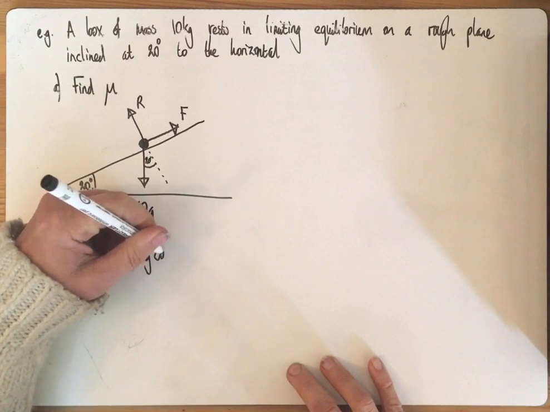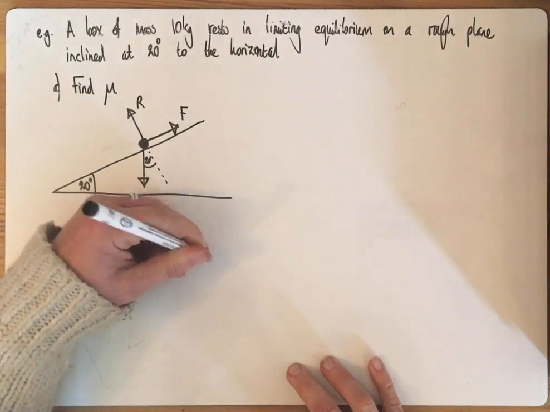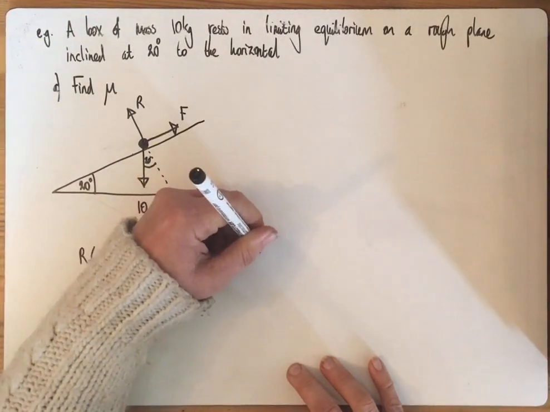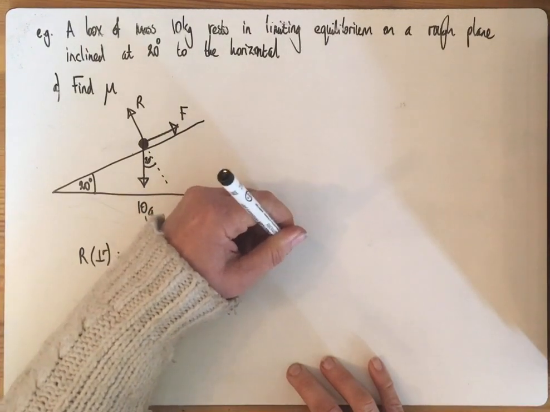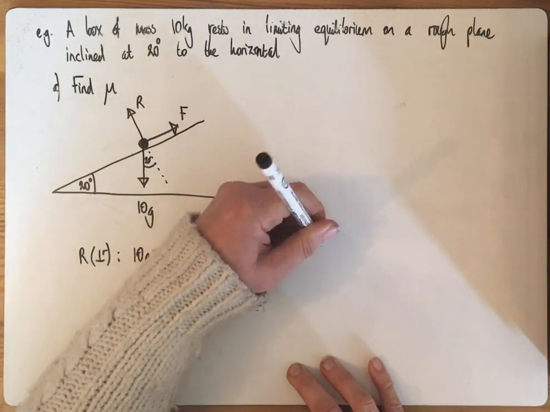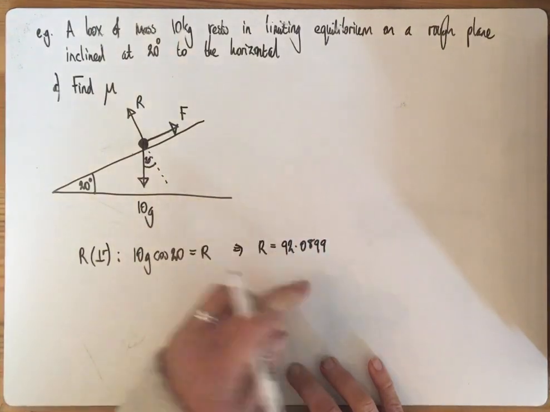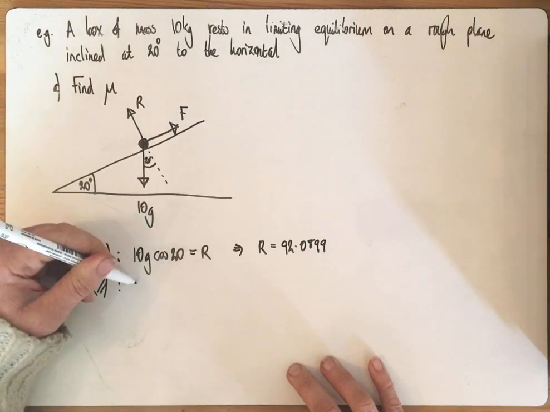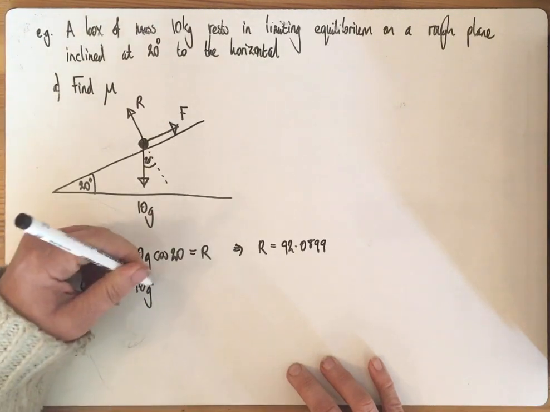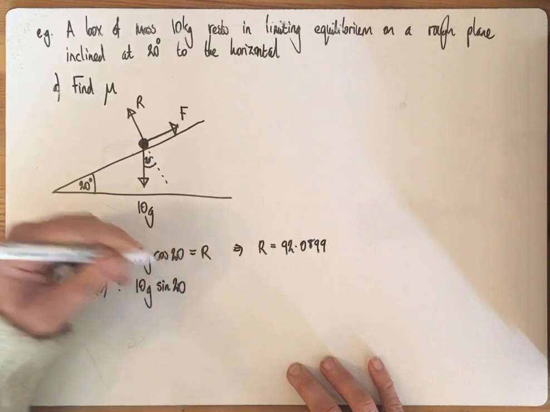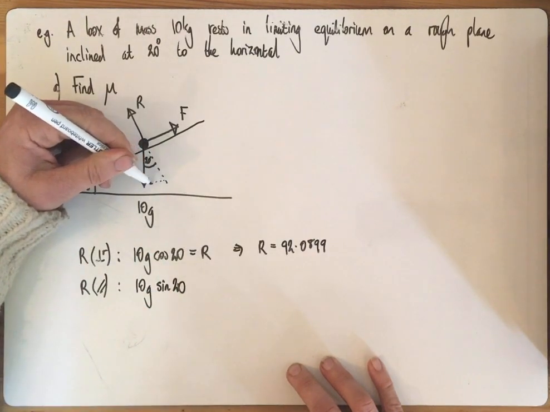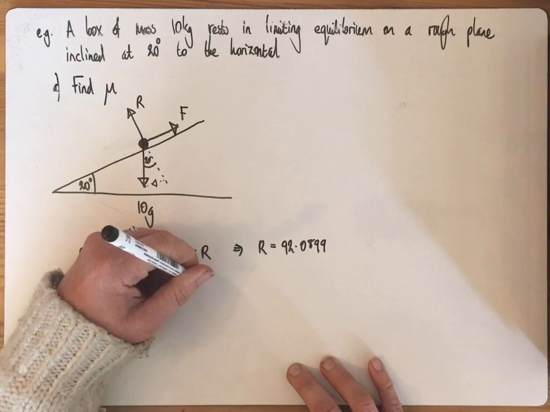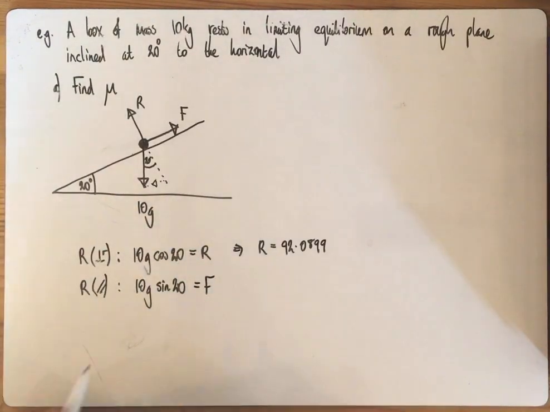So 10g cos 20 equals R, and R is equal to 92.0899. I would personally store that to x, and then resolving parallel, 10g sin 20, so that's this little bit across here, acting that way, is going to equal F because it's in equilibrium, so there's no resultant force.